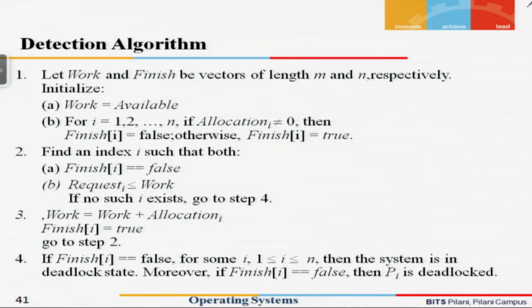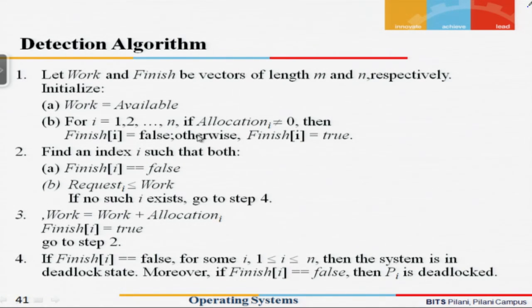Similar to the previous case, we define two vectors, work and finish, where work is of length m and finish is of length n. They are serving the same purpose. So to begin with, we initialize work equals to available, and then we initialize finish[i] equals to false if allocation[i] is not equal to 0.